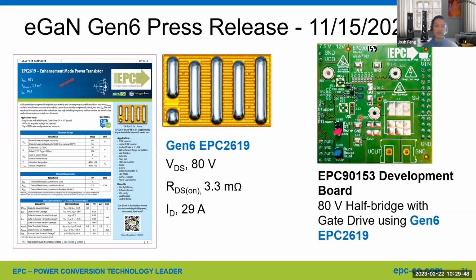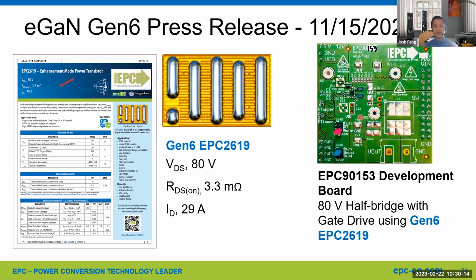We got a lot of good traction and a lot of good inquiries. This particular device is 80 volt, 3.3 milliohm RDS(on), very well suited for the type of future PD, whether 36 volt or 40 volt applications. If you haven't had a chance to take a look at it, definitely check it out.